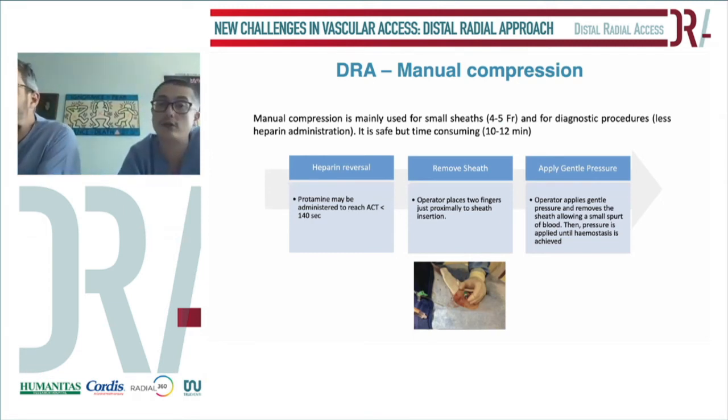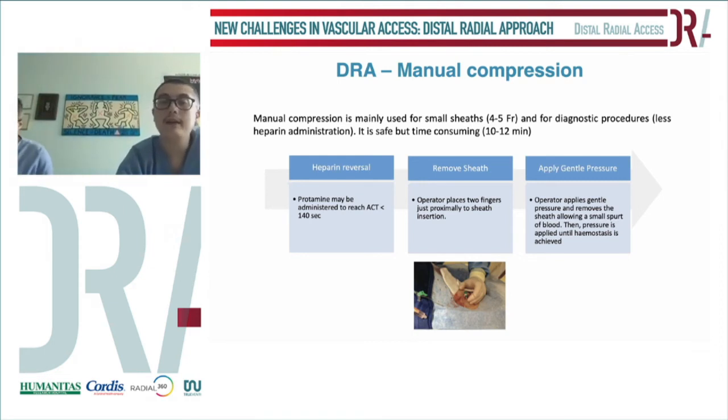It's really safe because you can monitor the patency of the hemostasis by releasing the pressure a little to check the pulse, and you will have a good patent hemostasis. But on the other hand, it's time consuming, so we don't like it a lot because of the cath lab workflow, which is already a mess in our hospital.